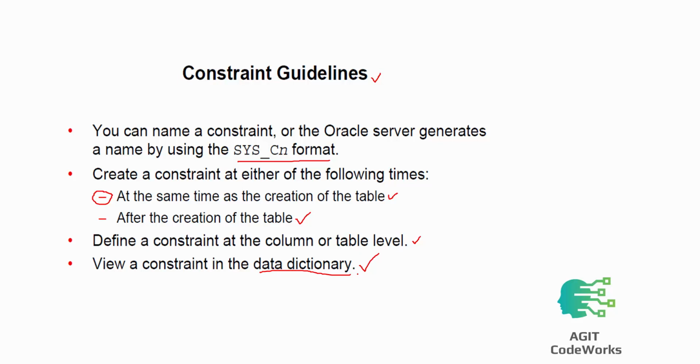You can use the data dictionary to view which constraints have been created, and which constraints belong to a particular user. Some data dictionary objects a user can access, some a user cannot, depending on the access level. Data dictionary is a topic for another day, but we're going to use them to view which constraints exist in the system. Okay, so now let's pop back to our Navicat or SQL Developer, and let's create constraints for our table.